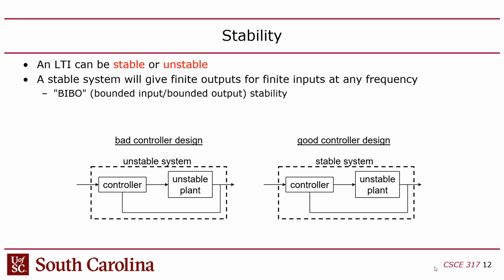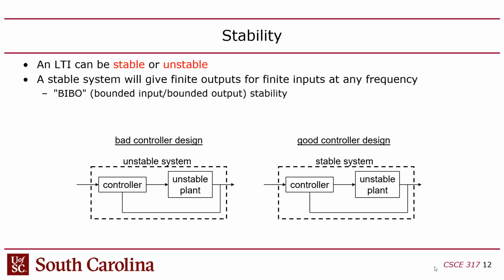What you don't want is to set the cruise control on your car, and then the car tries to get to that speed. So it speeds up, but then it overshoots, and then it slows down, and then it overshoots, and then it speeds up, and it overshoots, and then it slows down. And every time it does this oscillation, it keeps going wider and wider and wider ad infinitum, right?